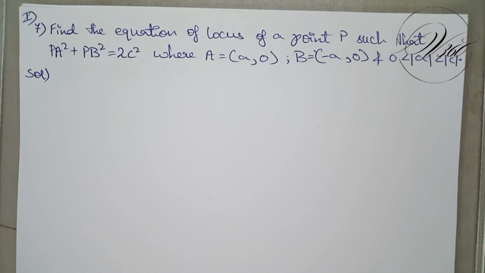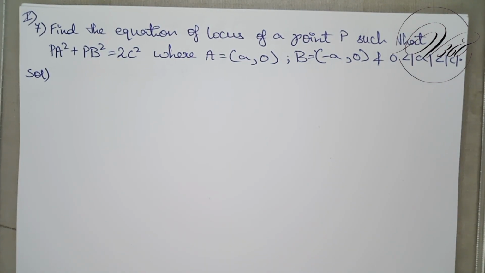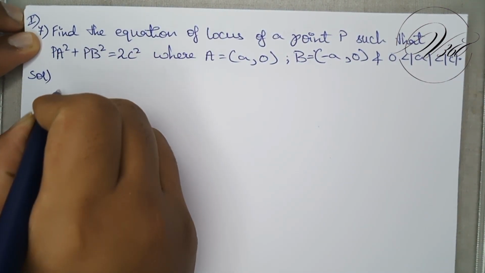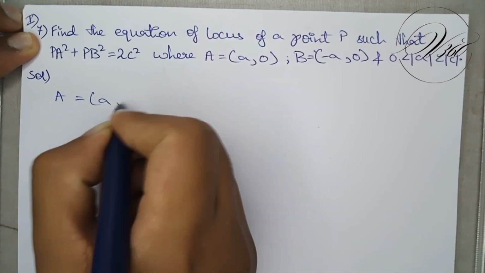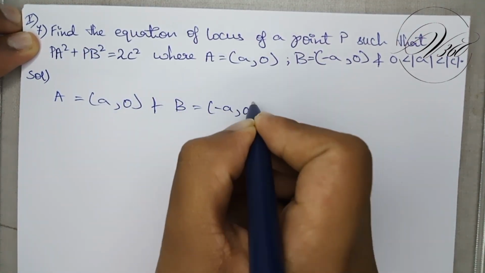So here we have A and B, and we should take P as (x, y). Now by the given condition we should solve the problem. Let's solve. Here we have A, which is (a, 0), and B, which is (-a, 0). This is given.